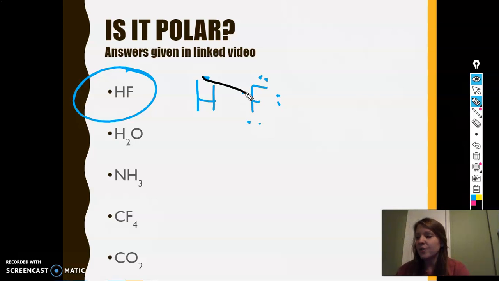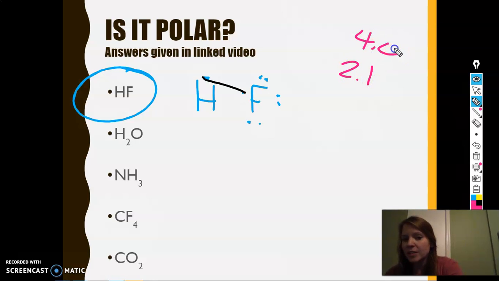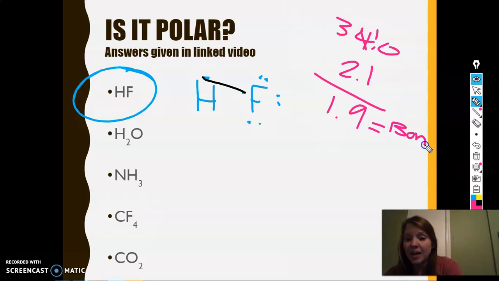When we look at electronegativity, remember it's on our chart. Hydrogen has an electronegativity of 2.1. Fluorine is 4.0. So my difference is 1.9. Now remember, because it's 1.9, I know my bond is polar.